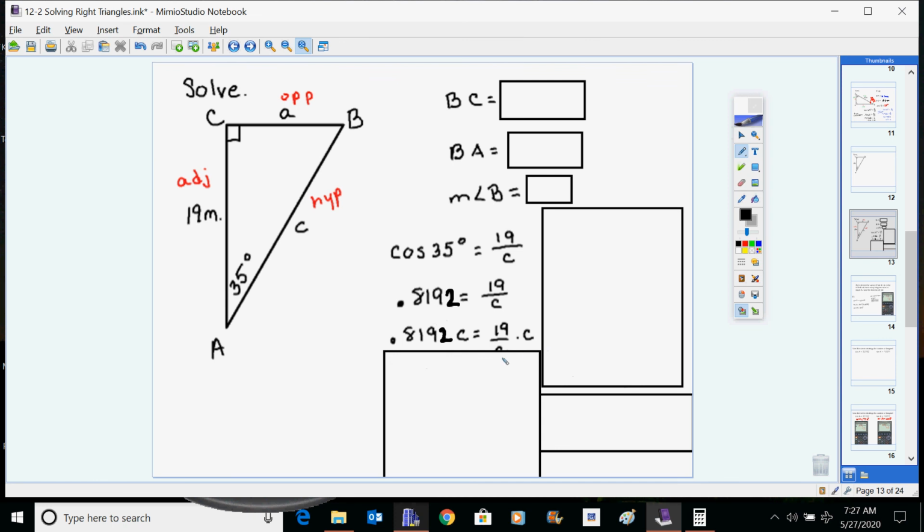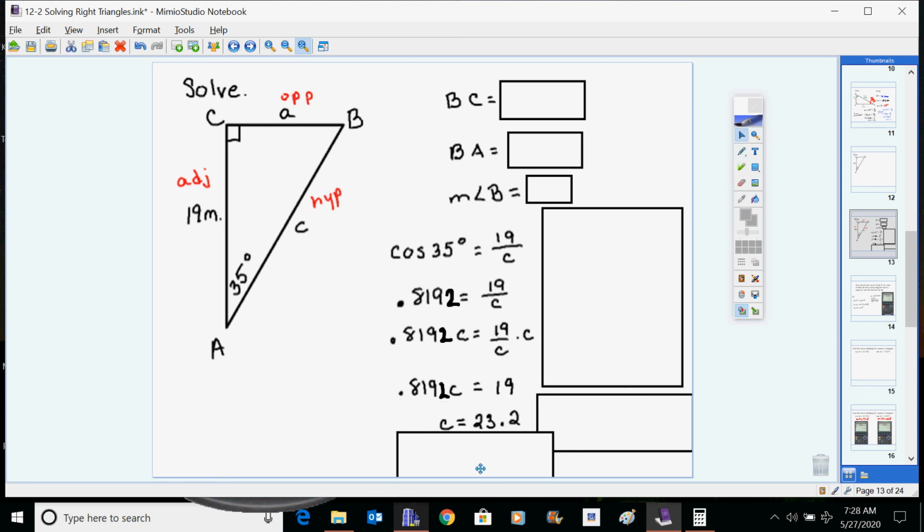All right, so once I've multiplied both sides by C and it cancels out, I need to then divide both sides by 0.8192.